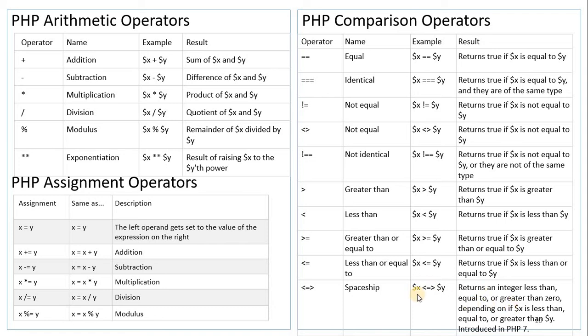If x is equal to y, it will return 0. If x is greater than y, it returns a value greater than 0, meaning a positive value. This is a special operator which was introduced in PHP 7.